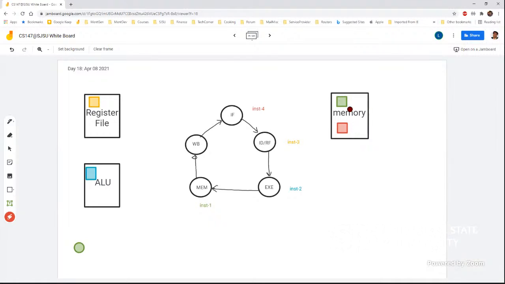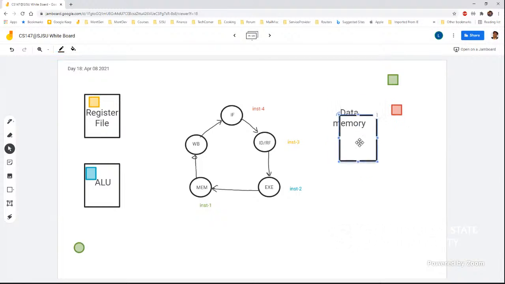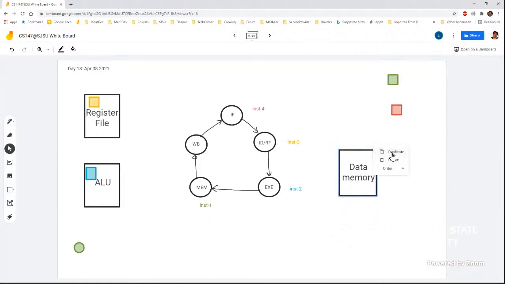So we take advantage of that concept and now split the memory as a device into two. Let me redraw the system now. Now it is not a memory. Let's call it a data memory. Okay. And we are walking towards the Harvard architecture.